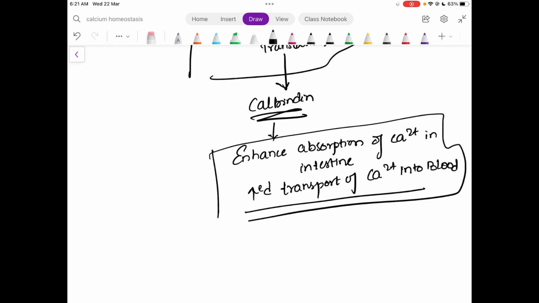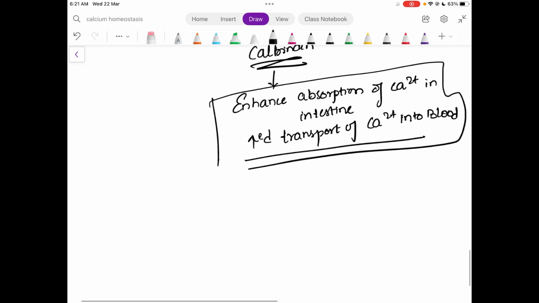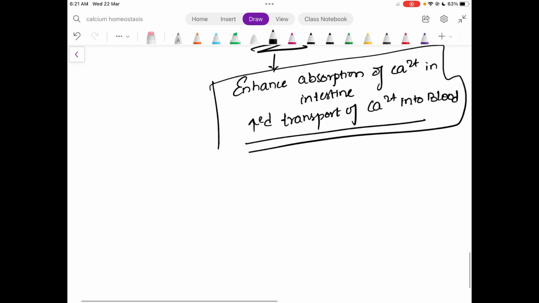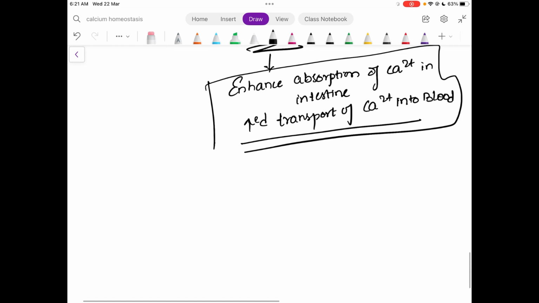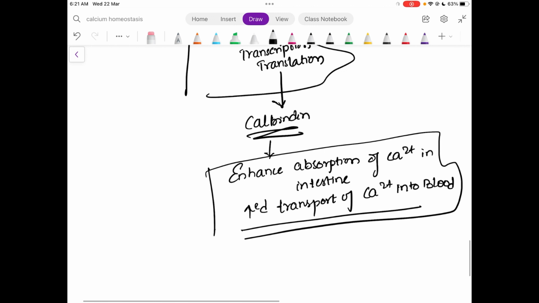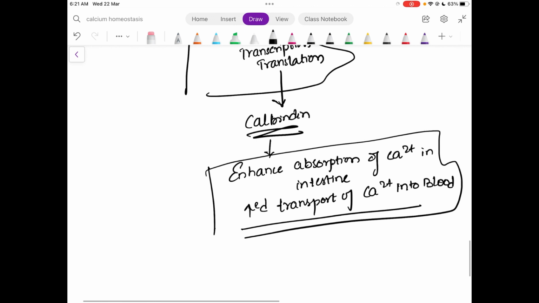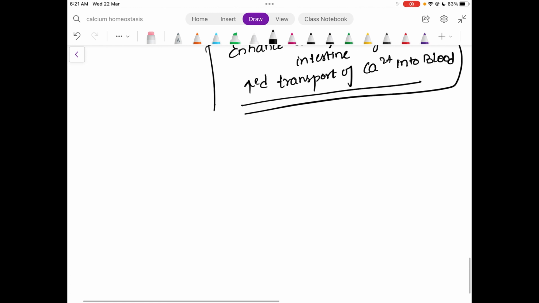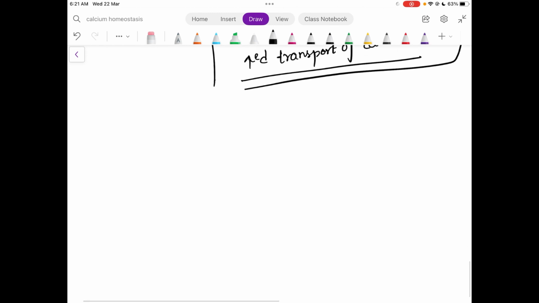These things will occur with the help of vitamin D, as it will increase synthesis of calbindin. Whenever vitamin D binds with the intestinal cell, it increases calbindin level and it causes increased absorption of calcium into the intestine, and from intestine it causes absorption of calcium into the blood.